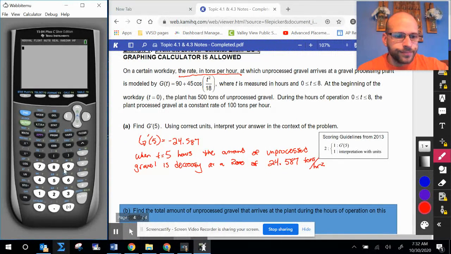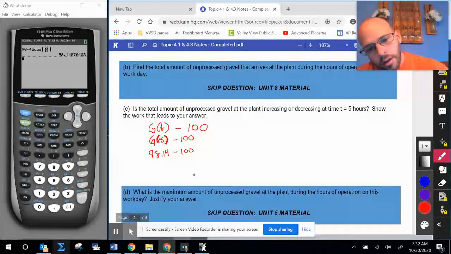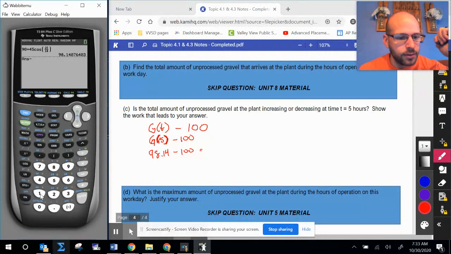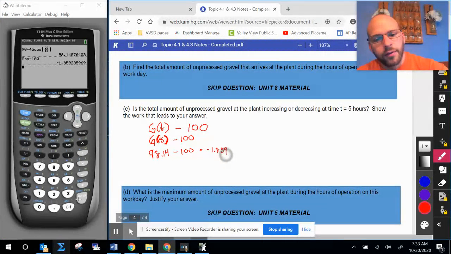So if I do this, I'm going to say 90 plus 45 cosine, get my fraction going here, t squared would be 25 over 18. I'm using the function, by the way, and I plugged 5 into that function. And this gives me 98.14 minus 100. And if you subtract 100 from that, I have negative 1.859.